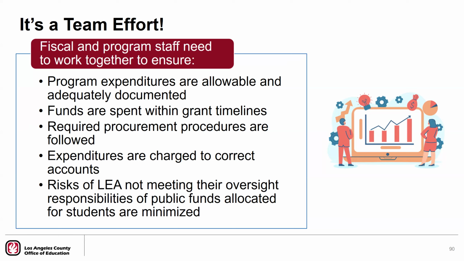Program staff determine allowability, make sure that expenses are charged to the correct program accounts, and ensure that timelines are followed, to name just a few responsibilities. This is all to minimize any risks of the LEA not meeting their oversight responsibilities of public funds.